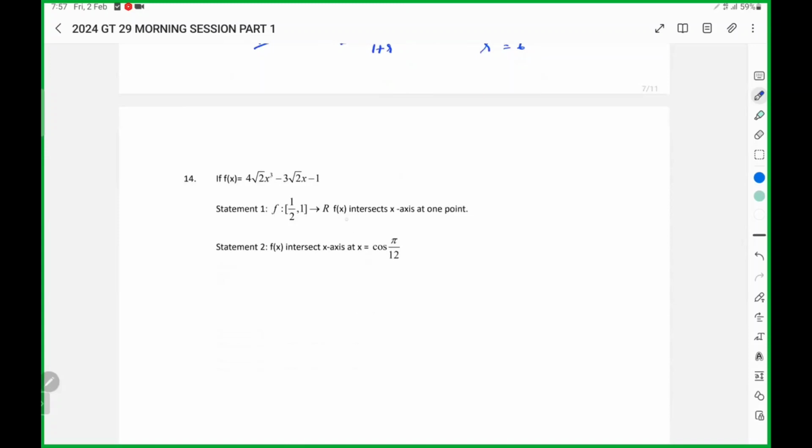Here f of x intersects the x-axis at one point. It is a cubic equation. As x goes from minus infinity to plus infinity, whether it takes turns or not, you find out f dash x.